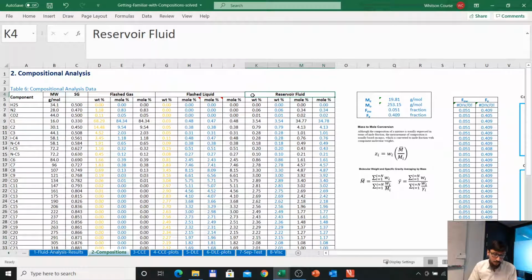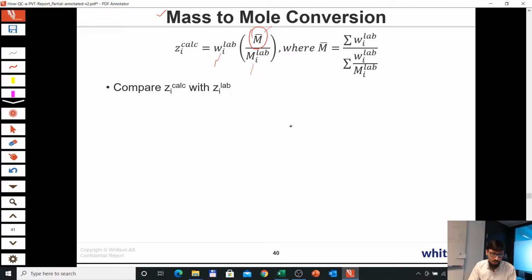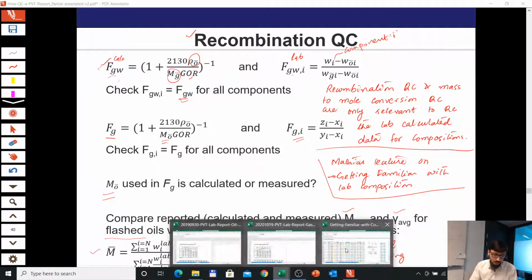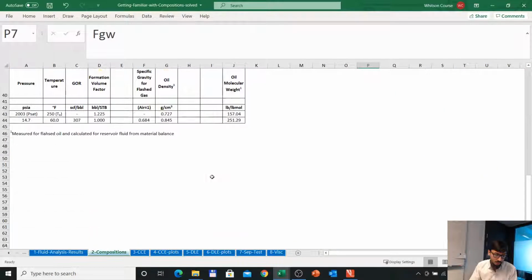And again, the way PVT labs calculate the composition is: to calculate the weight percent composition, you need a gas weight fraction, FGW, which we also try to discuss, and this recombination gives us this FGW, knowing the density of the flashed oil, the gas molecular weight, and the GOR, which we have in the report here.